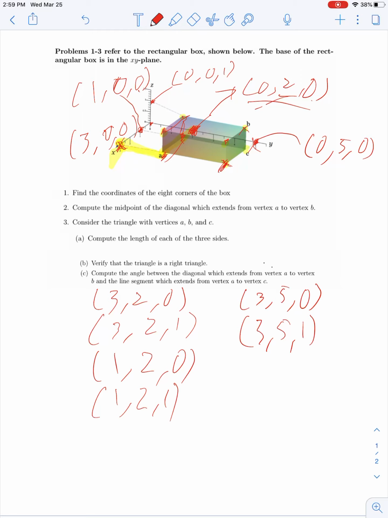Sorry, let's actually start off with C, not B, and our point C right here is going to have 5 and 0 as its y and z, and then it's going to have 1 and 0 as its x and z coordinates.